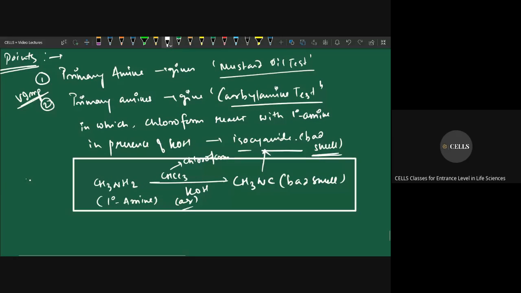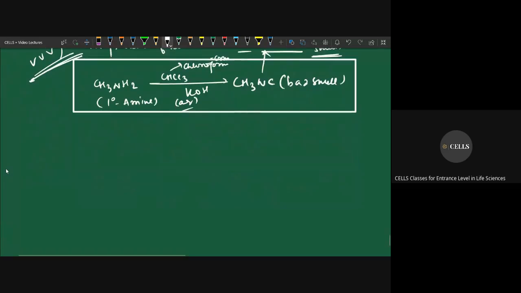Very, very important, the carbylamine test. Right. Another important thing, third: if you react NH2, this is a primary amine, with HNO2, or they can also give NaNO2 plus dilute HCl.